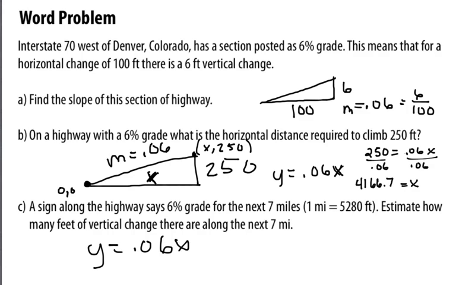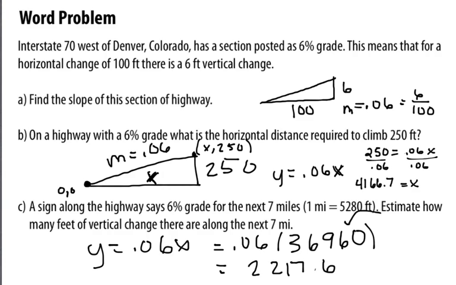What is 7 times 5,280? 36,960. So 0.06 times 36,960, what is it? Which ends up being 2,000 some odd feet, right? 2,217.6.